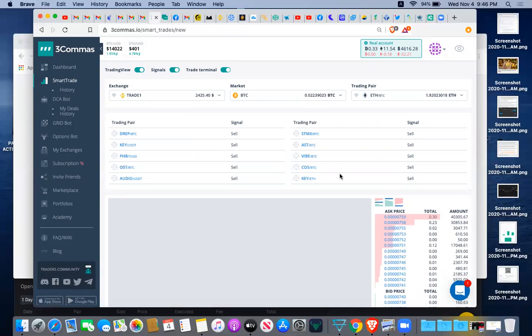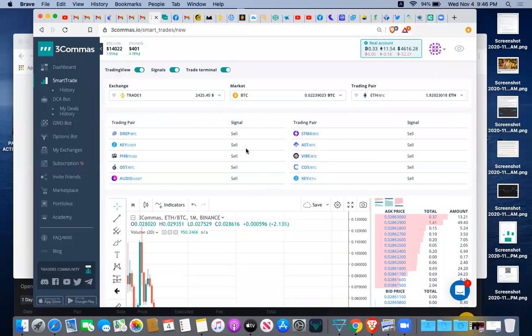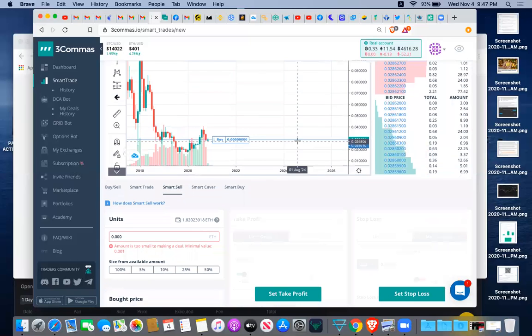Now another thing about this is that it can show you some signals about what people are selling more: DEEP, KEY, PHP, OST, AUDIO, USDT, STMX, AST are more for selling.